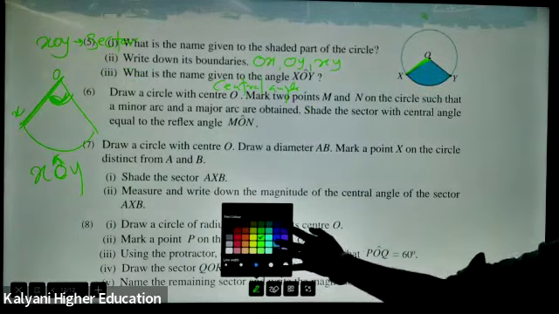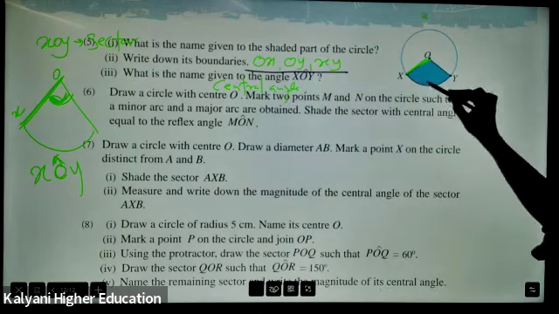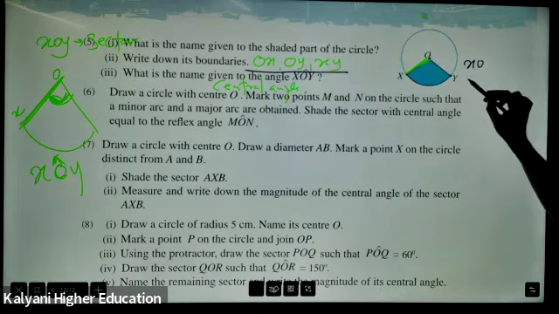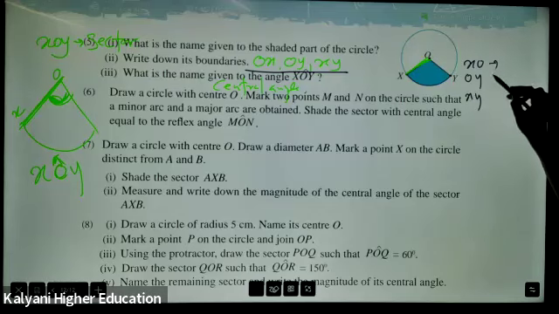The boundaries: OX boundary, OY boundary, and XY boundary. OX is a radius, OY is also a radius, and XY is an arc.